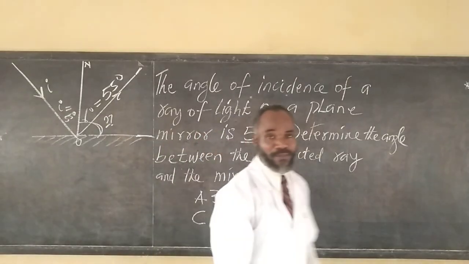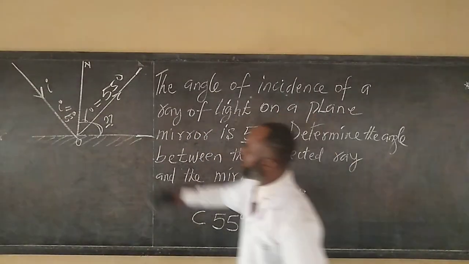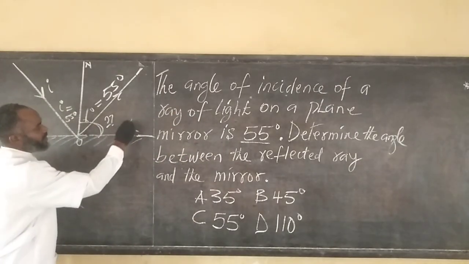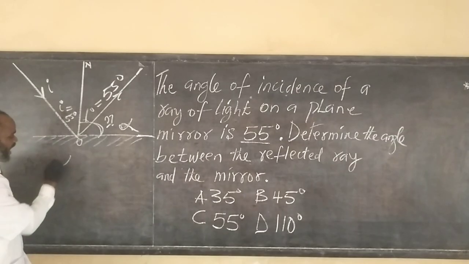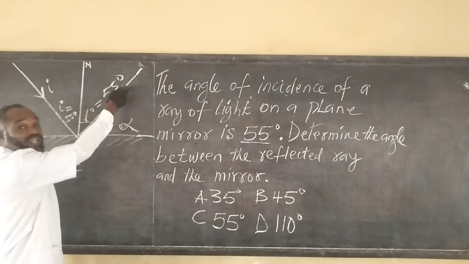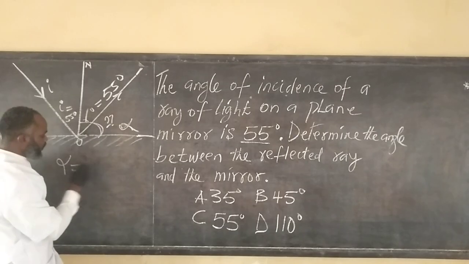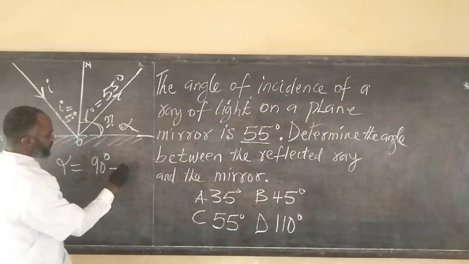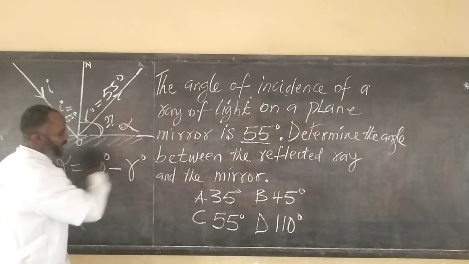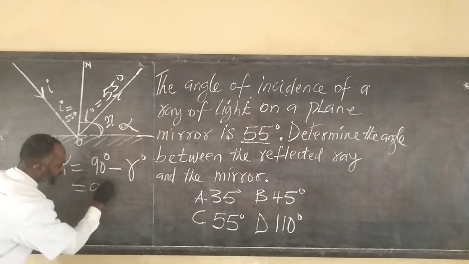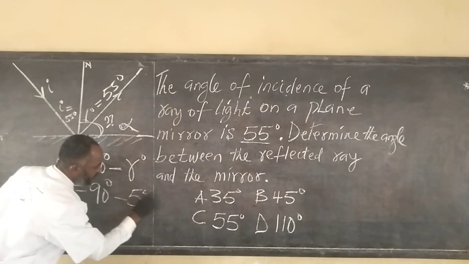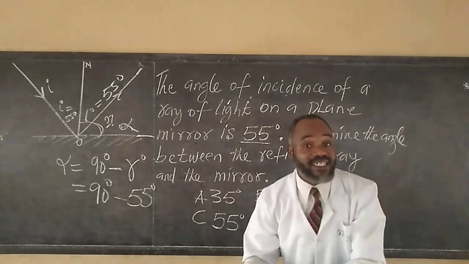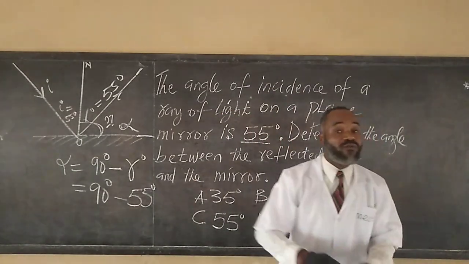So what do we do? Because this is 90 degrees, to find this, we can represent it with just a letter alpha. Alpha represents the angle between the reflected ray and the plane mirror, which is 90 degrees minus the reflected angle R. When I say 90 degrees minus 55, 55 is the reflected angle, because angle of incidence is automatically equal to angle of reflection.